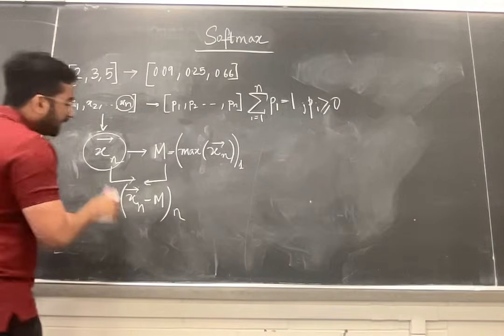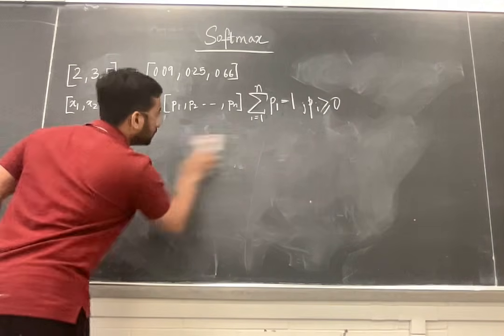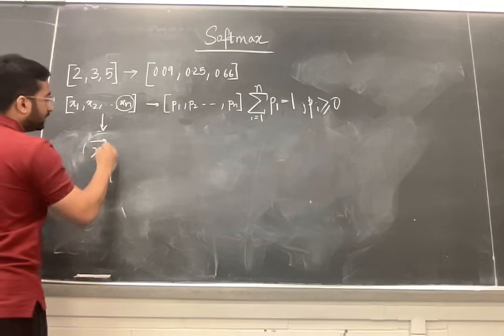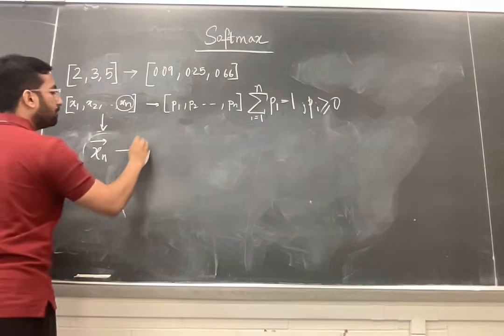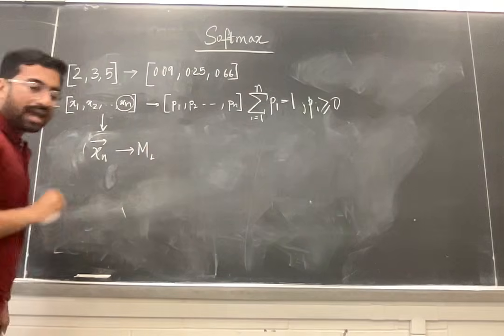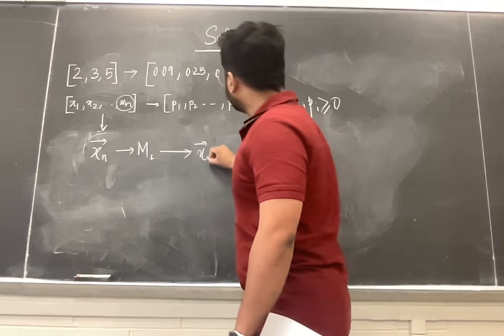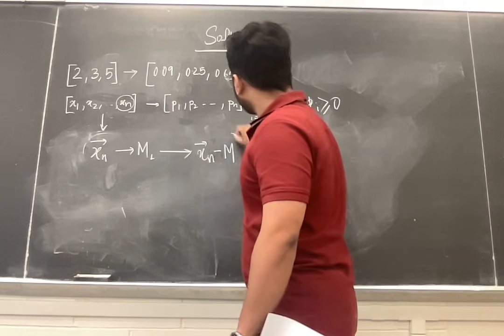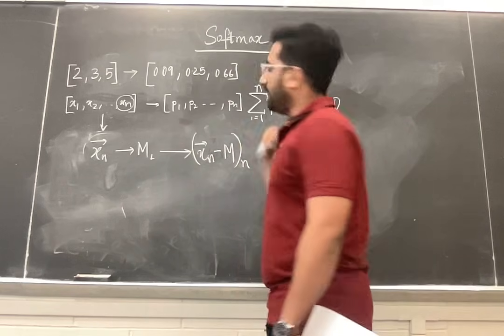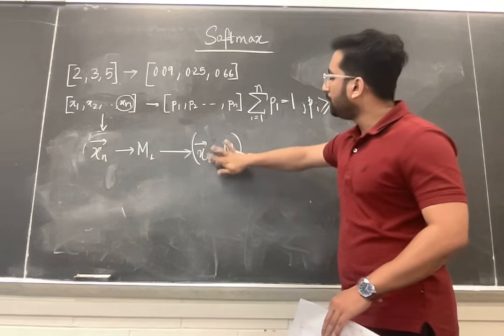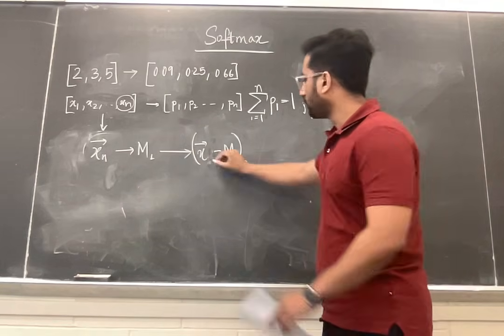So we rewrite it: we get the x vector and m, which is one-dimensional, the max, and then we subtract it, x minus m, to get another n-dimensional vector. You can rub it off if you want, but they are the same.